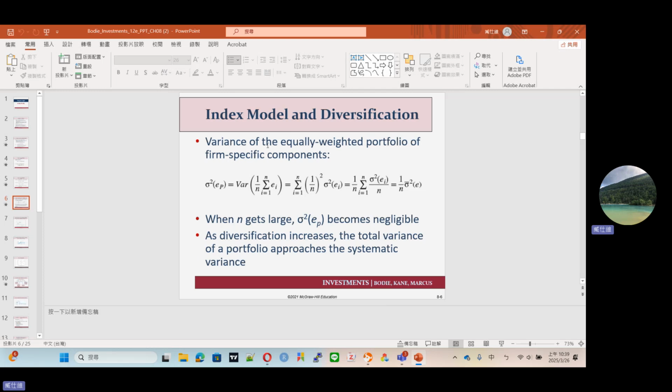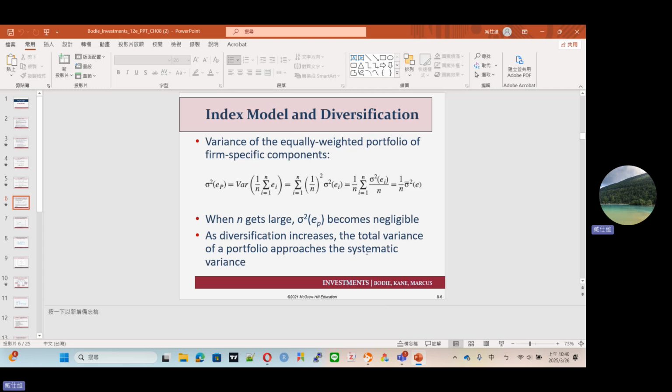Suppose we have a case like an equally weighted portfolio. In this case, the residual returns will become negligible if n gets larger, which means as diversification increases, total variance will decrease.